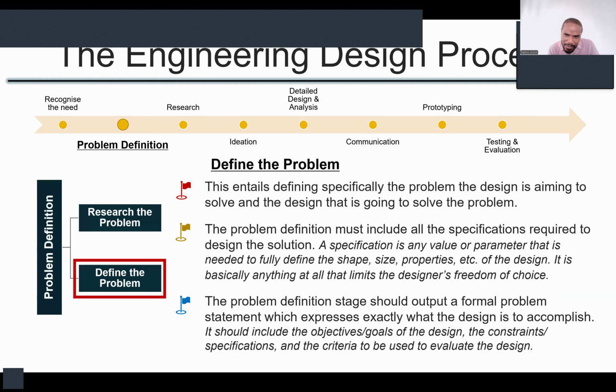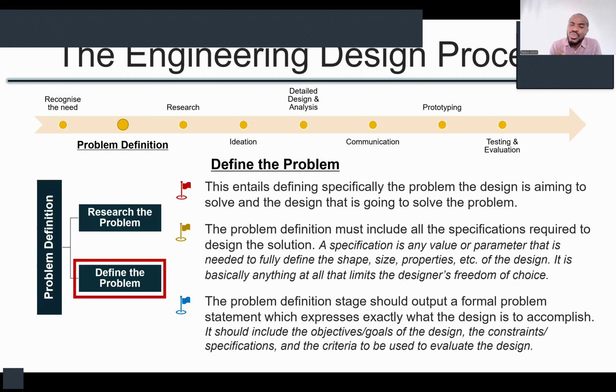And the objectives. What are the things that if you achieve, you will meet the aim that you set out to meet. So problem definition is you specifically saying what your design process is going to output that will meet the need that you have identified. Specifics.